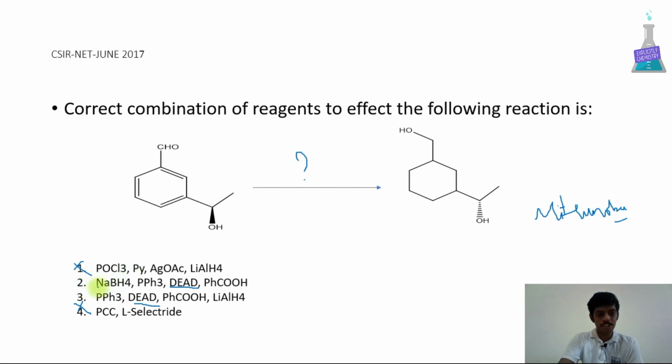If you take option 2, NaBH4 is given first. So at first this CHO is converted into CH2OH.